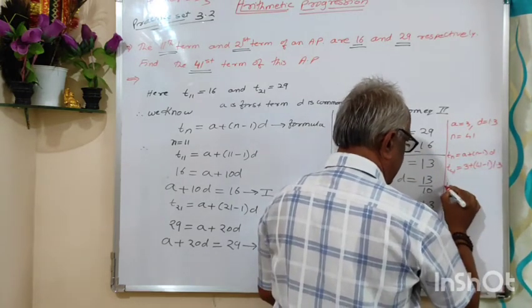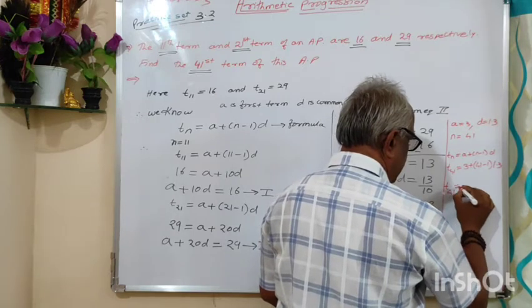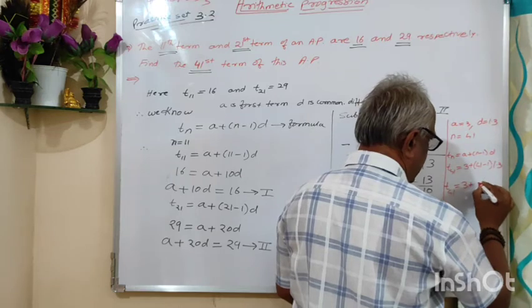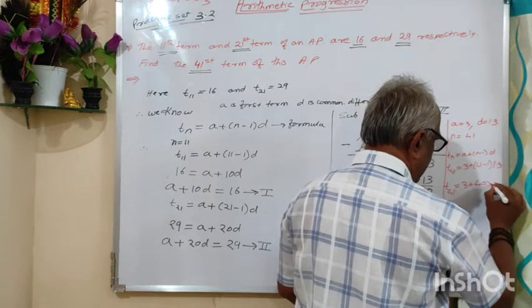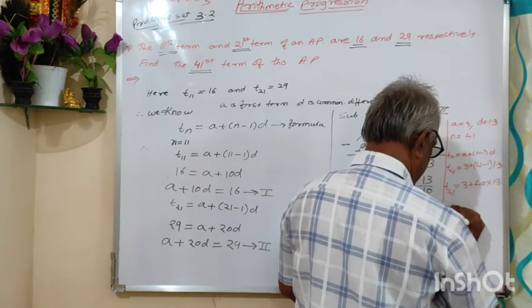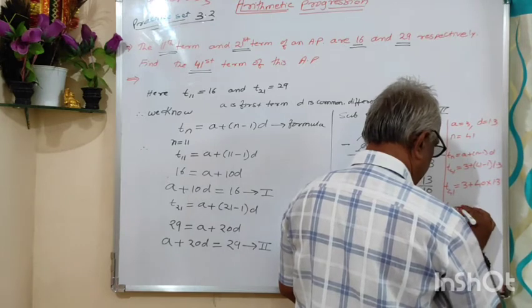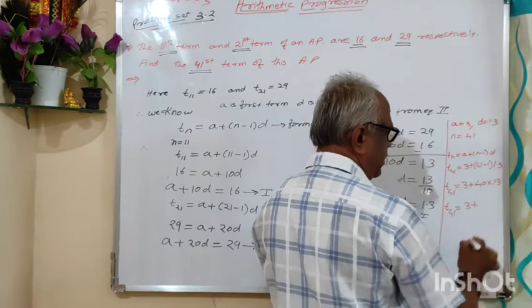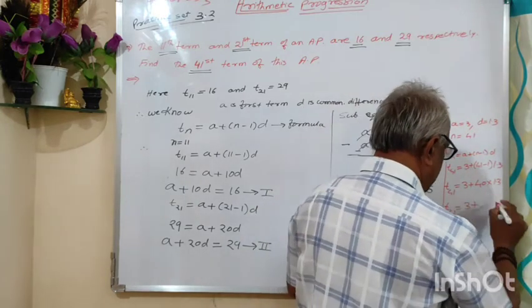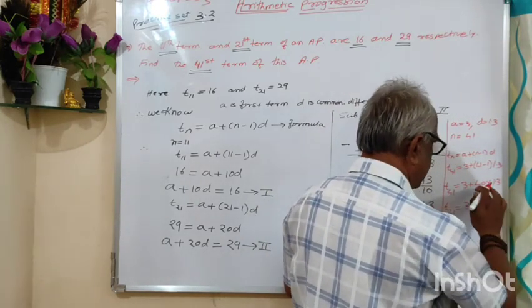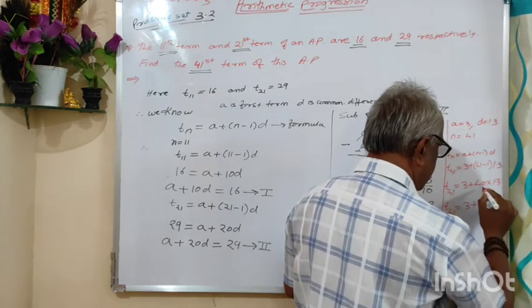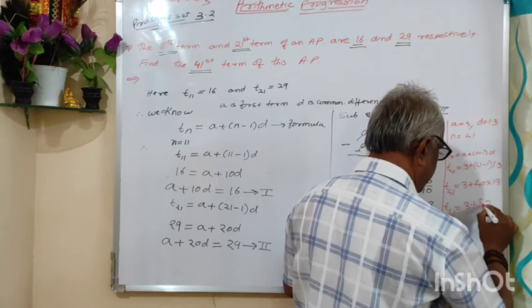Now T41 is equal to 3 plus 41 minus 1, that is 40, into 1.3. So T41 is equal to 3 plus 40 into 1.3. 4 3s are 12, 4 1s are 4 and 1, that is 5.